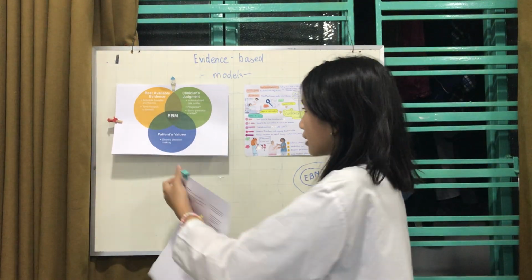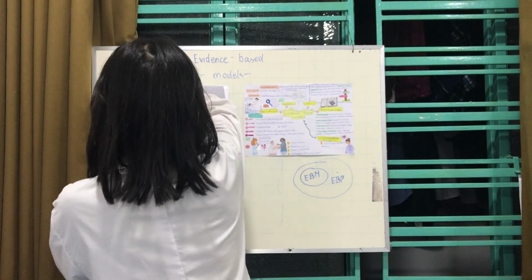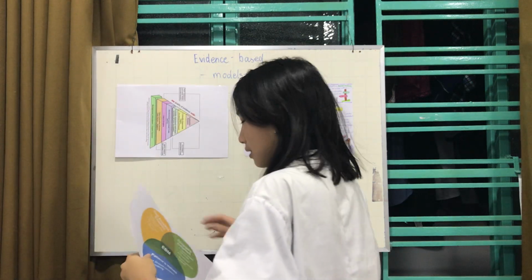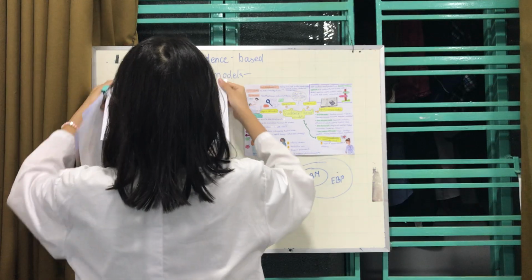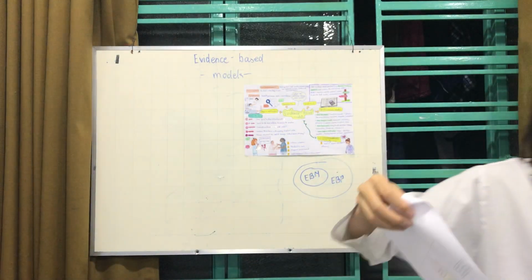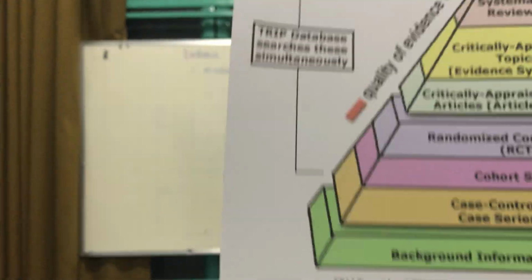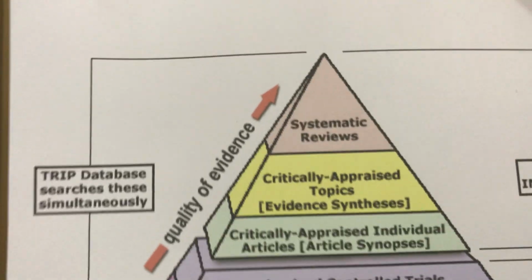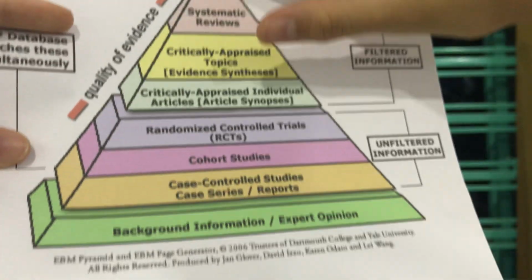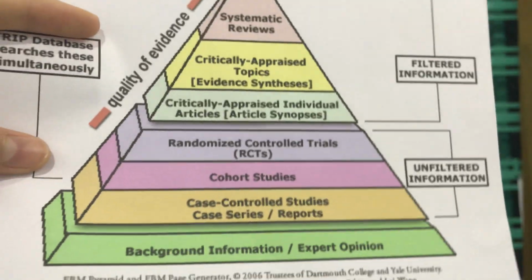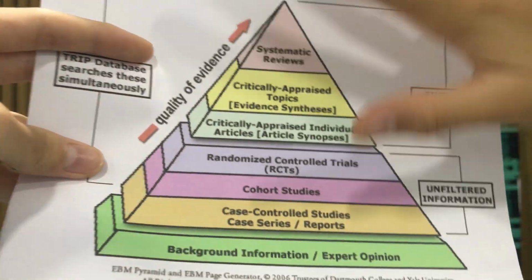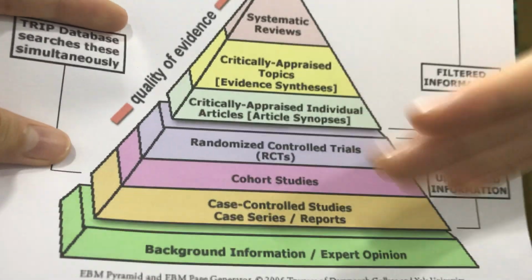Now, I have a picture here I want to show you. As you can see on this visual right here, these are all the best research evidence. So this is the evidence based on that.